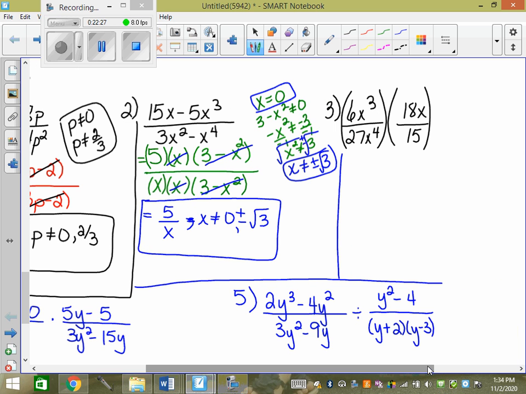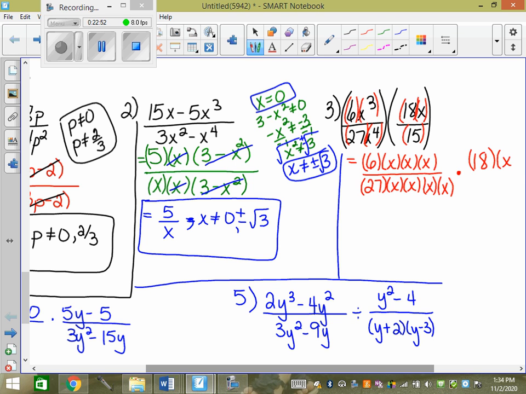This next one's a monomial. When it's a monomial, we can do brackets like this if we want, or we can actually expand it out. So we can go 6 times x times x times x over 27 times x times x times x times x, times 18 times x over 15.